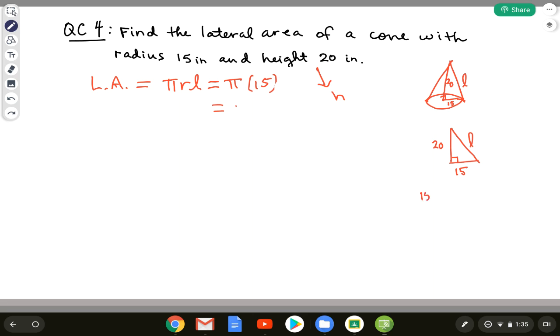So I can say 15 squared plus 20 squared has to equal L squared. That will be 225 plus 400 equals L squared. Alright, so I'm going to have L squared equals 625. And when I take the square root of that, I get that L is equal to 25.